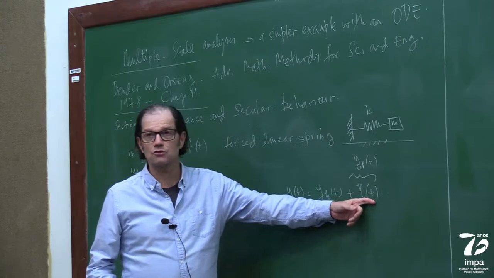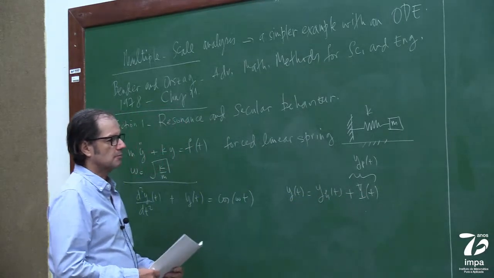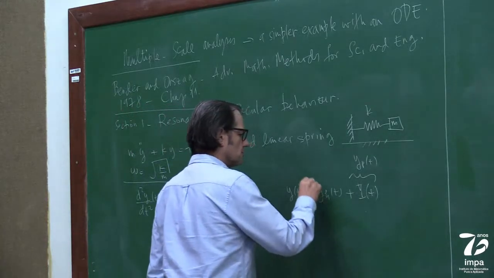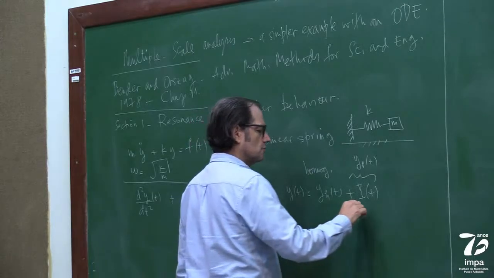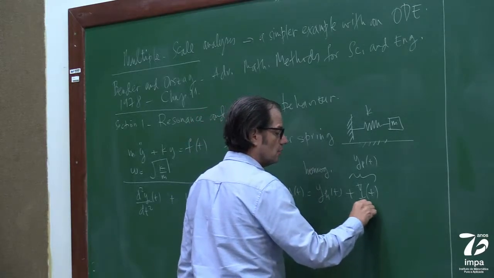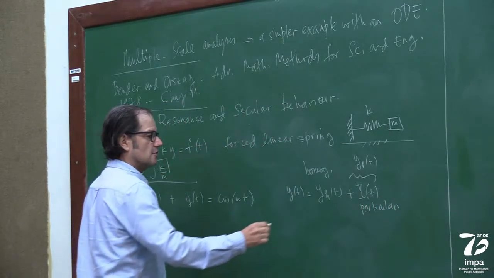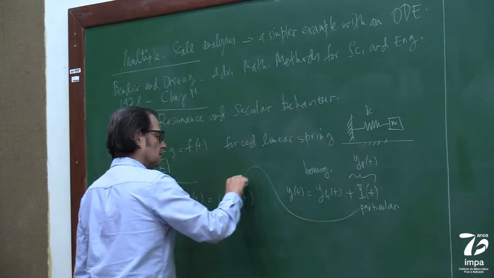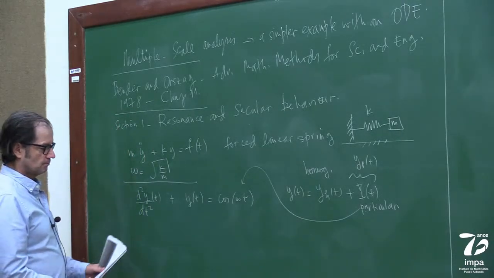And this is the particular solution, right? This particular solution basically is the non-homogeneous solution. So this is the homogeneous solution. This is the non-homogeneous, or as it is called, the particular solution to satisfy the non-homogeneous term.